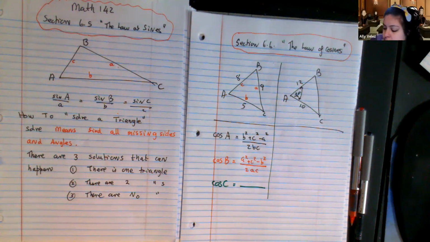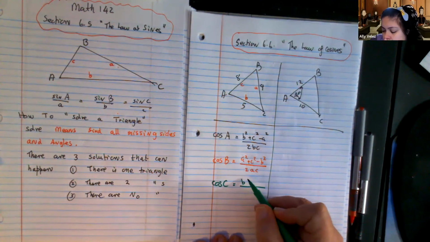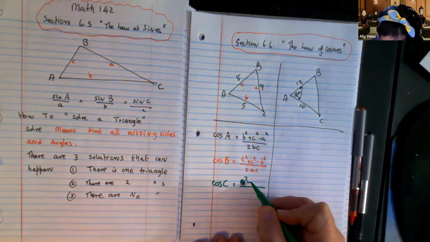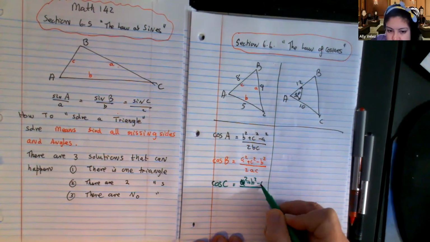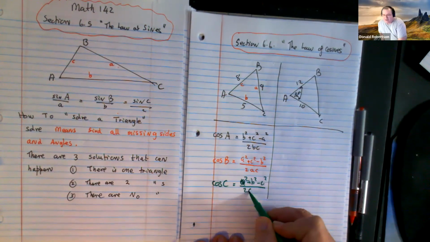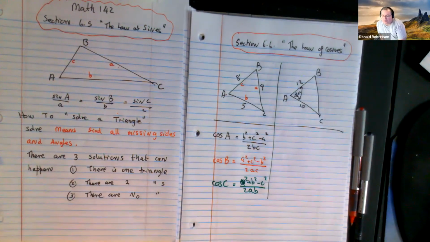A squared plus b squared minus c squared divided by 2ab. Correct.